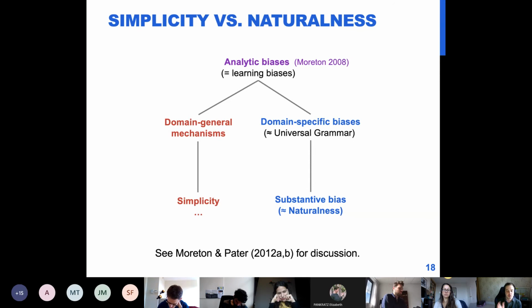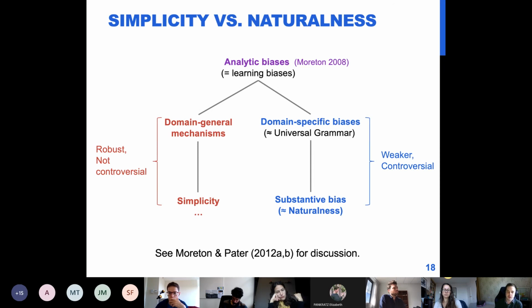So there was this breakdown, and the picture that emerged for a while is that these domain general mechanisms like simplicity are very robust. You see support for them in study after study, and they're not controversial. You ask anybody, and everyone agrees, yeah, these kinds of mechanisms play a role in learning. As far as I know, nobody disagrees with that.